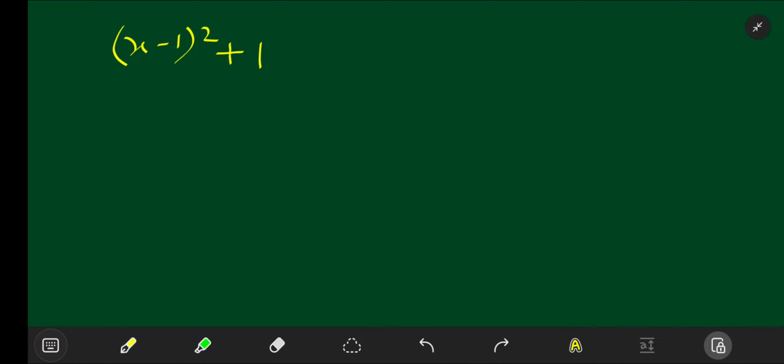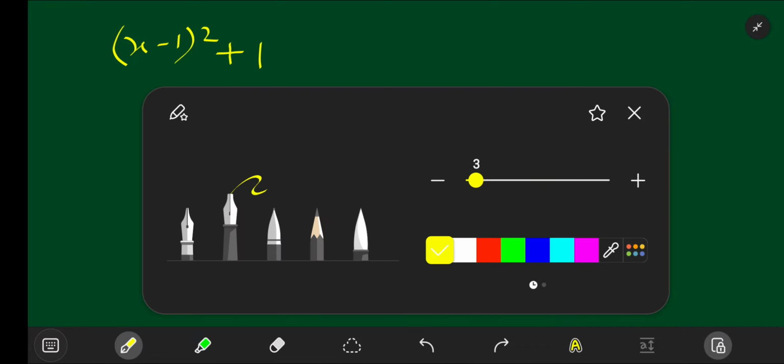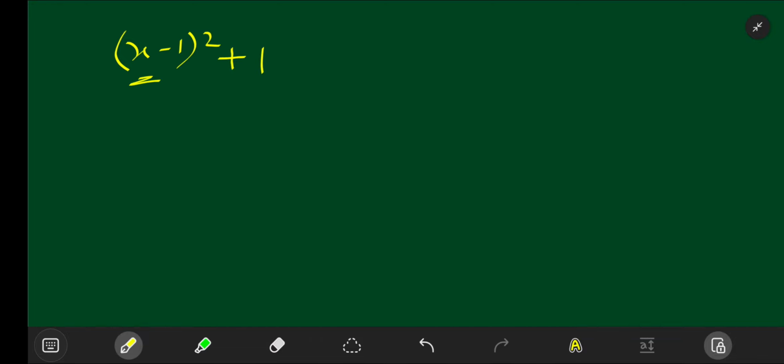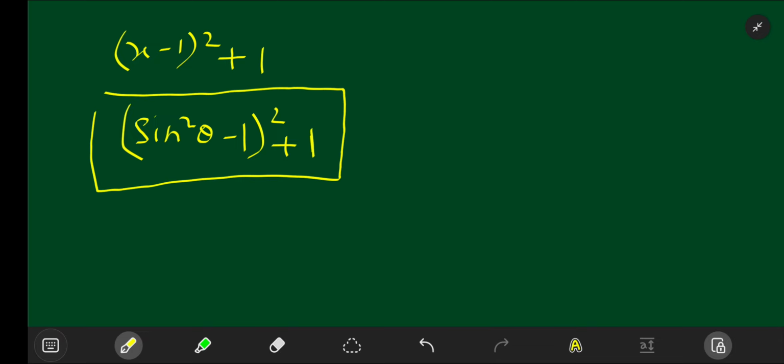So substitute and go back to the problem: (sin square theta minus 1) whole square plus 1. Now we have to find the maximum and minimum value for this equation. It is in the simplest form, so you can easily find the maximum and minimum value now.